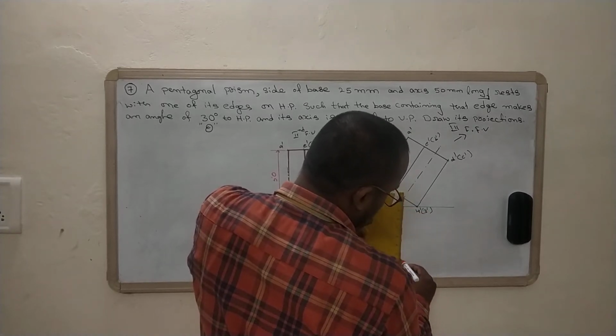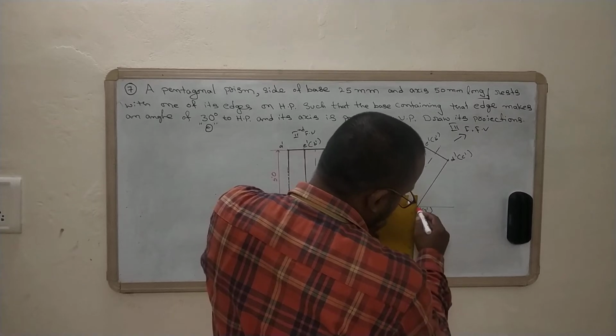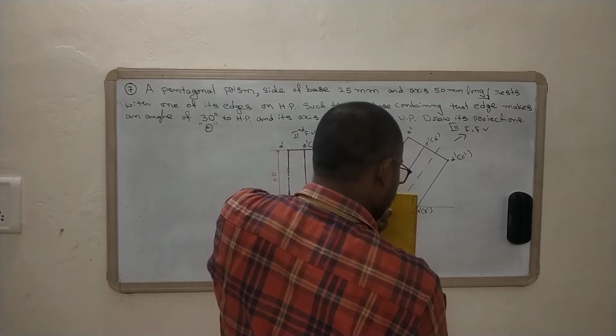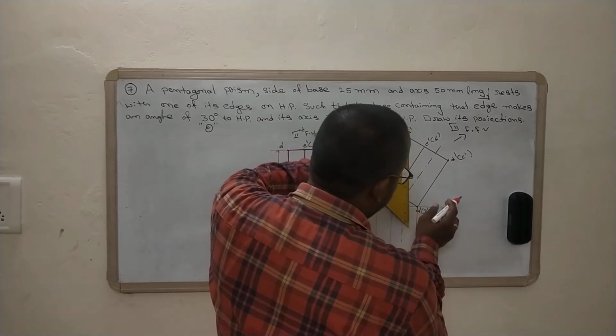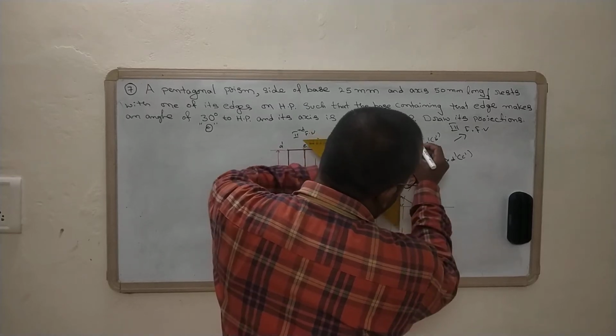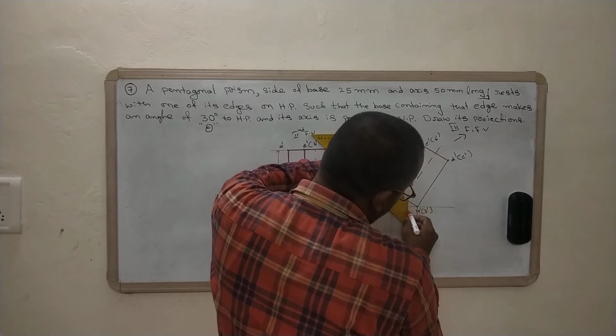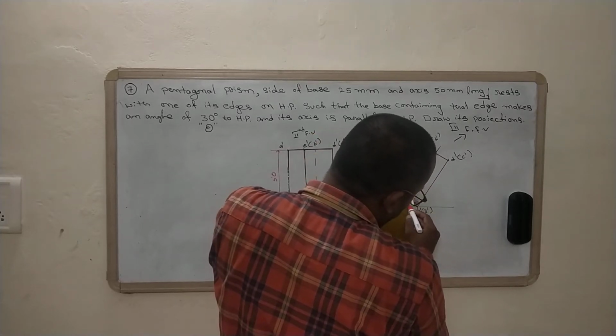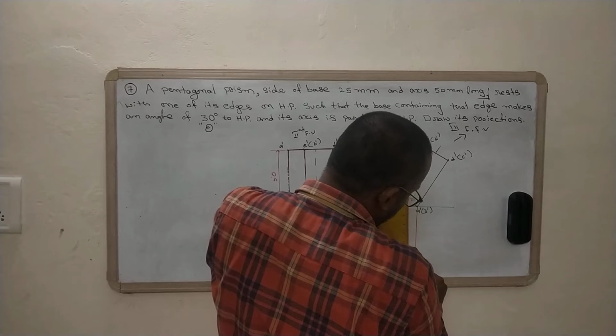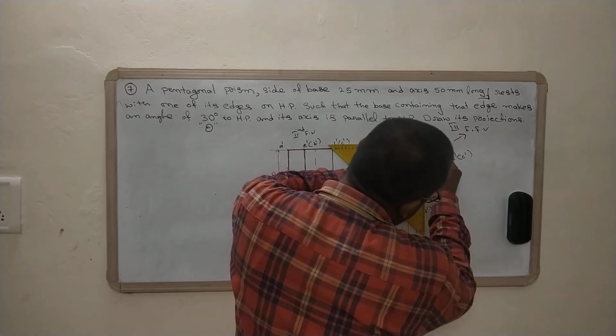This is the center line projection. Top and bottom surface should be projected towards the downwards.